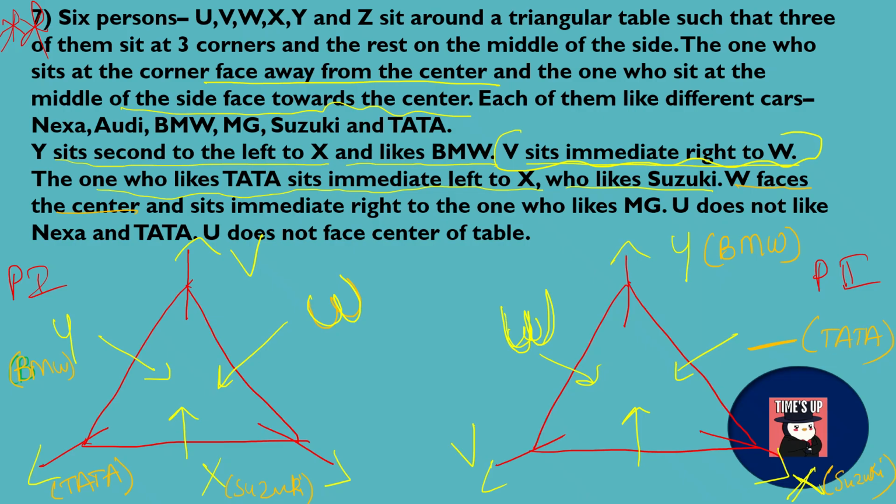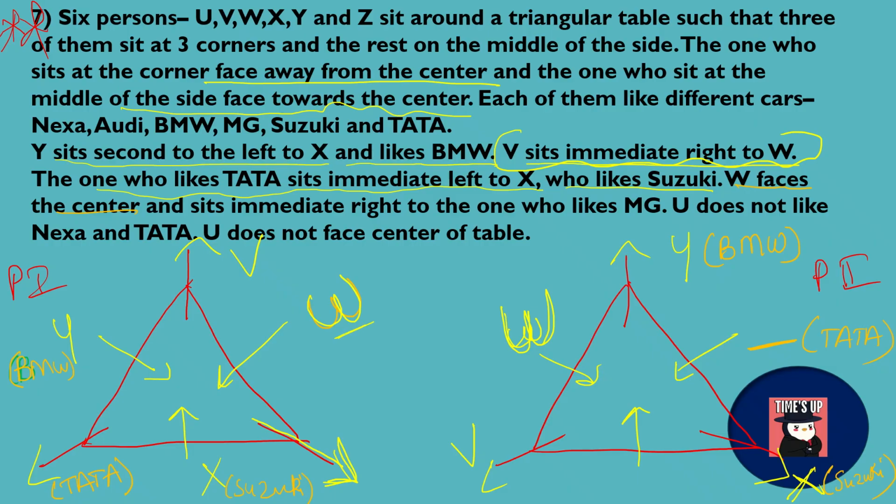Next, what they've said: W faces the center and sits immediate right to the one who likes MG. So if I place this one facing away from the center, this will not be the immediate right of the one who likes MG.